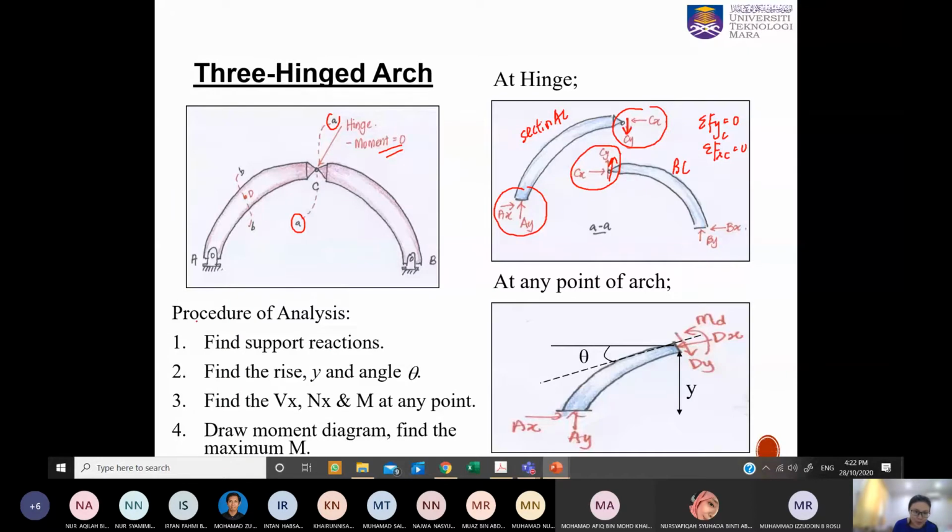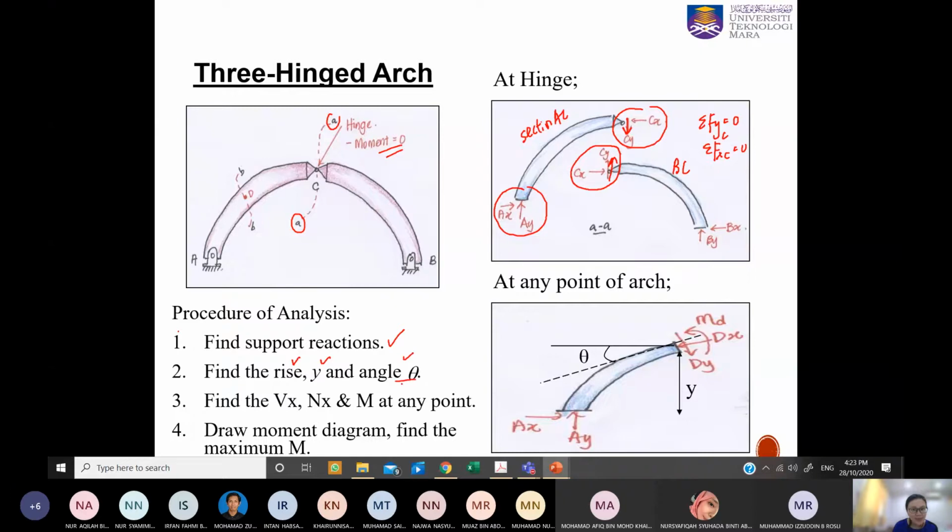So now we can look at this procedure here. This is very general, where you determine the support reactions, and then you can determine the rise, the Y, and the angle theta.